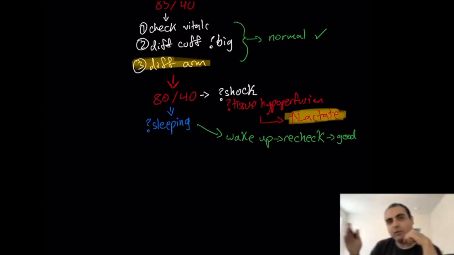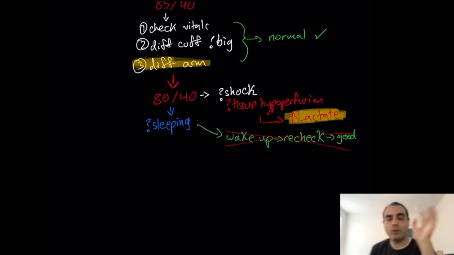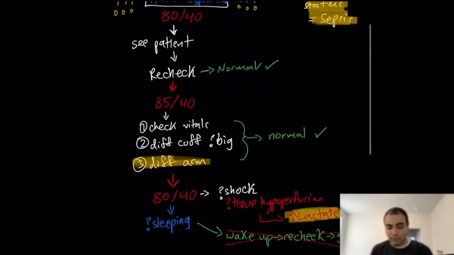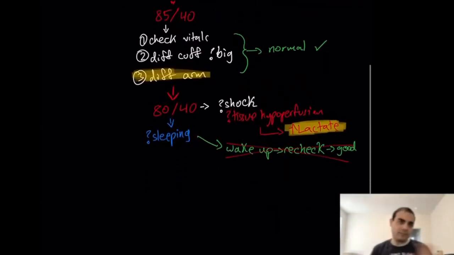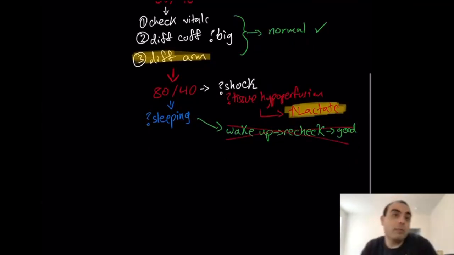In an imaginary scenario, this might be a good idea, but in a real world scenario, I wouldn't advocate for this. What I would say is that once you see this hypotension, especially that you measured it multiple times, consider it serious. Just take it seriously and deal with it as if the patient is probably in shock.